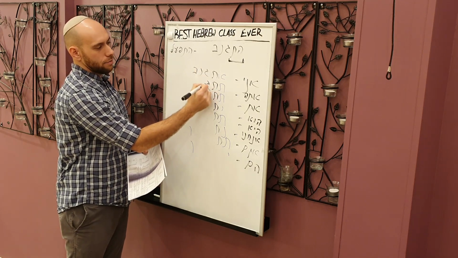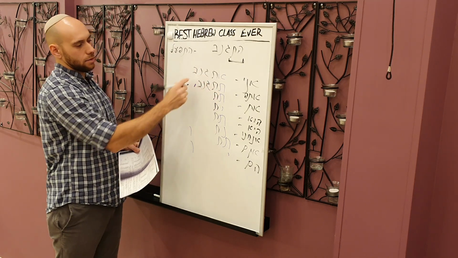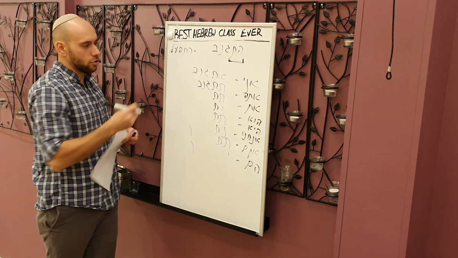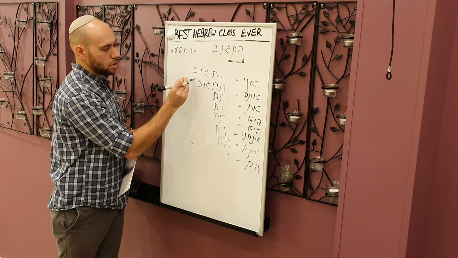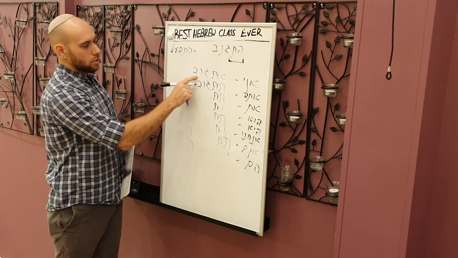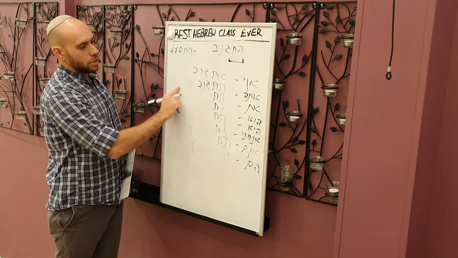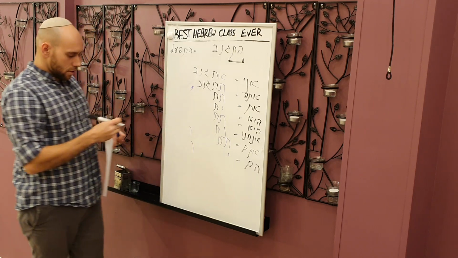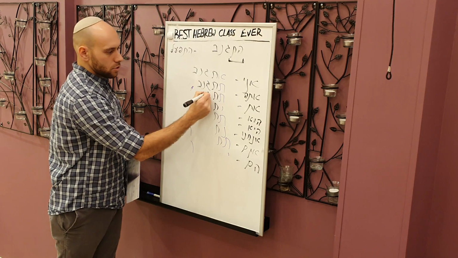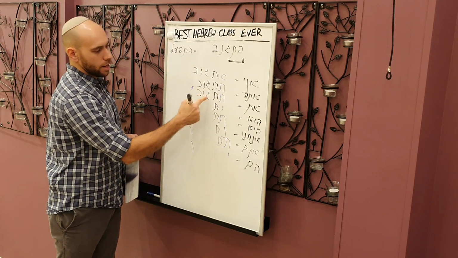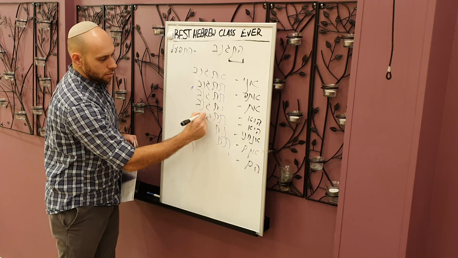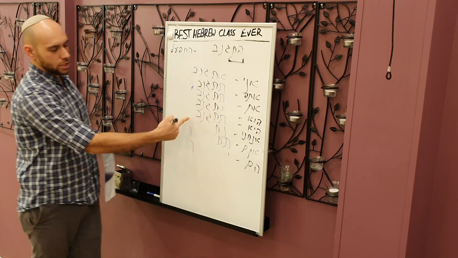Tit gan vi. Same again, because of the added vowel at the end, the yud. Wait, I think that's in the wrong spot. It would be tit ganev, and this one is tit gan vi, you're right. So I'm literally just writing ganev like 10 times here, because that's all it is, it's just ganev.